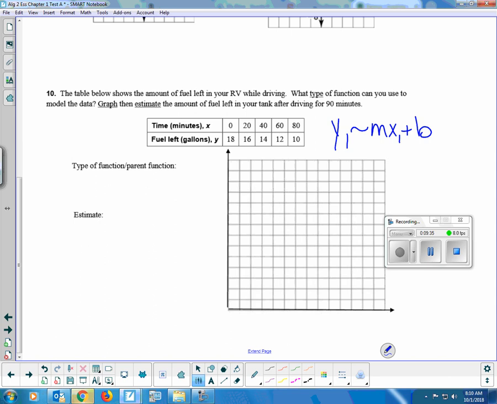And you can transfer this here. So this is your graph. If you count by 2's, I think that'll fit. 2, 4, 6, 8, 10, 12, 14, 16, 18. So it should have been something like that. The type of function is linear. I've done the estimation. All right, let's go to the next one.